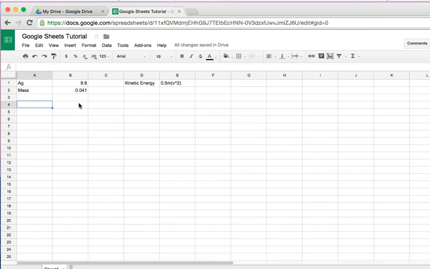So I'm just going to make a heading here. I'm going to say V0, which stands for initial velocity. And then I'm going to have VF for final velocity because we are measuring two separate ones. And then I'm going to calculate kinetic energy, okay? Now, if I am calculating kinetic energy and I have V0 here and I have VF here, I'm probably going to have two separate kinetic energies.